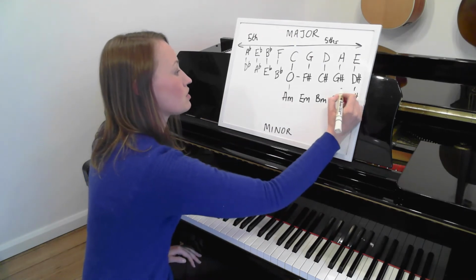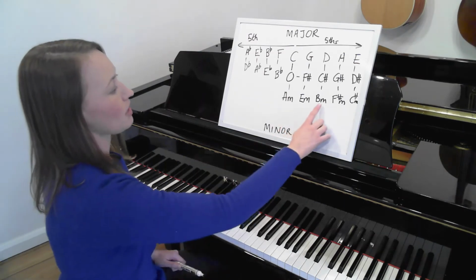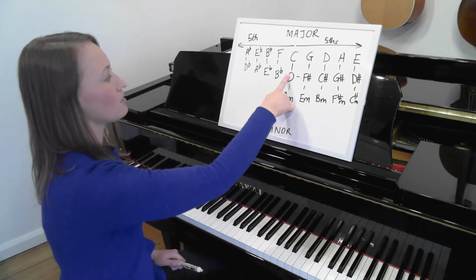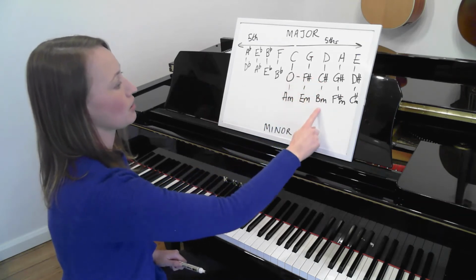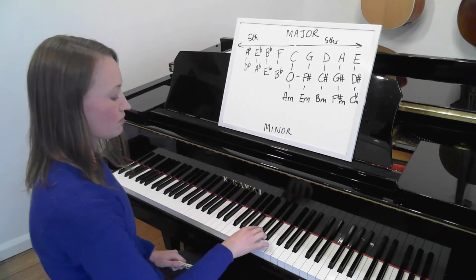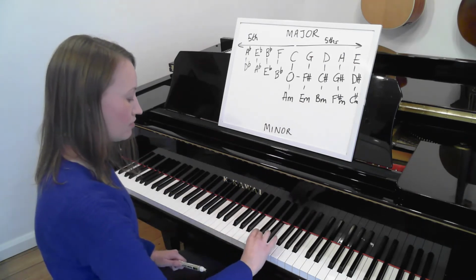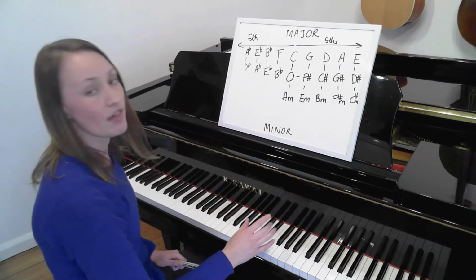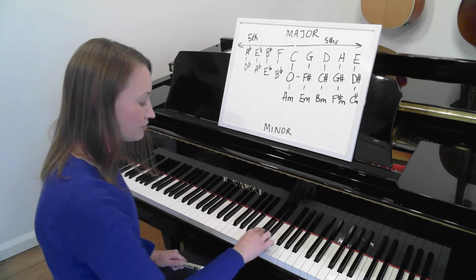So we use this the same way as we use the majors. If I want to know what the sharps are for B minor, I start in the center of the chart and I go outwards. F sharp and C sharp. Stop, I've reached B minor. And you can see B minor scale has those. Now that was the natural minor, we're not doing harmonic minor that sounds like this.